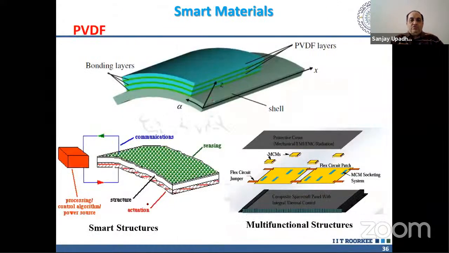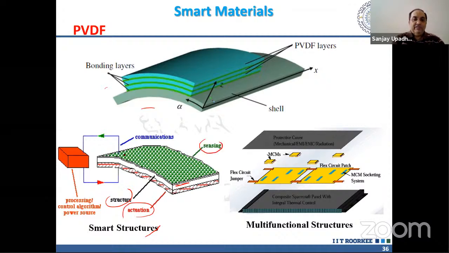So you see, this is some PVDF layer we can utilize in a structure. This is known as a smart structure, you see. This white part is the structure, then the bottom part is actuation, the upper part is sensing.